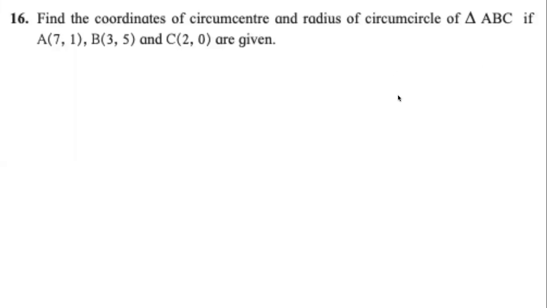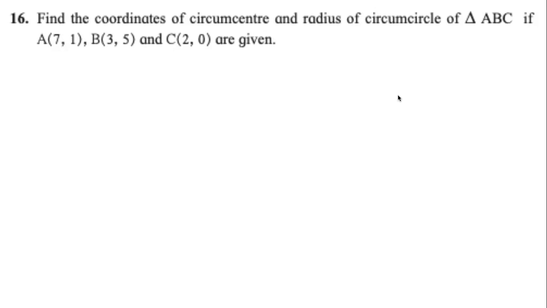Find the coordinates of the circumcenter and the radius of the circumcircle of triangle ABC. So this is not a new question, but there is a new part to this question. In the previous cases, we were given the 3 vertices of a triangle and we were asked to find the circumcenter. Remember, the circumcircle is the circle passing through all the 3 vertices of a given triangle.